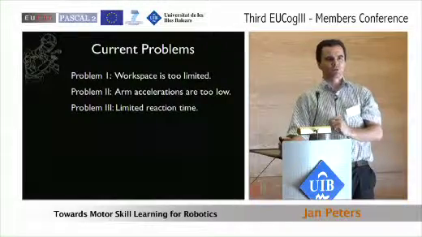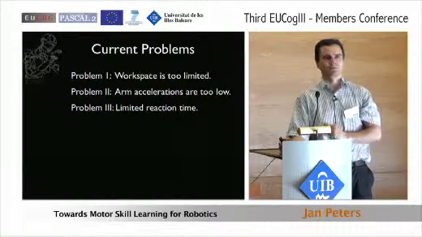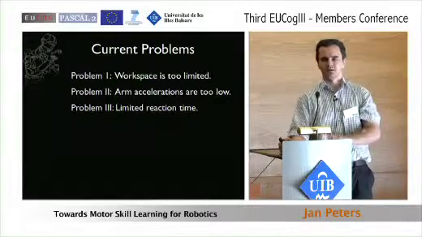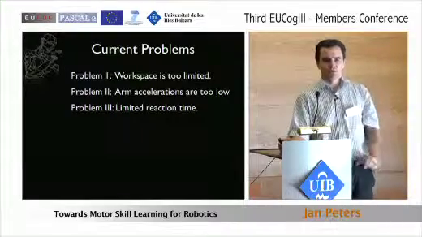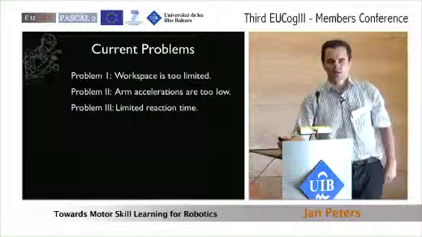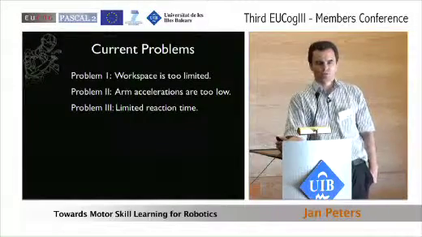And finally, we have one problem which we share with the human being, but which we haven't considered in the parts of the talk before. And that is that our reaction time is actually quite short.